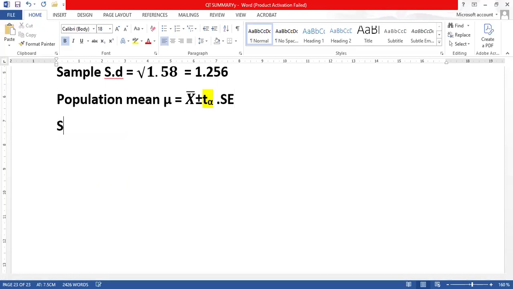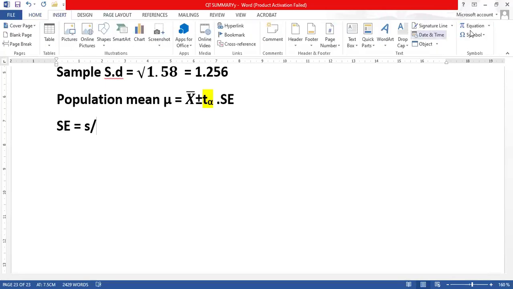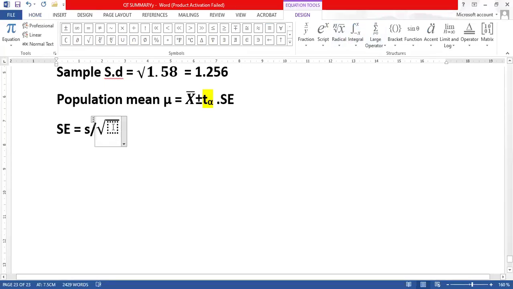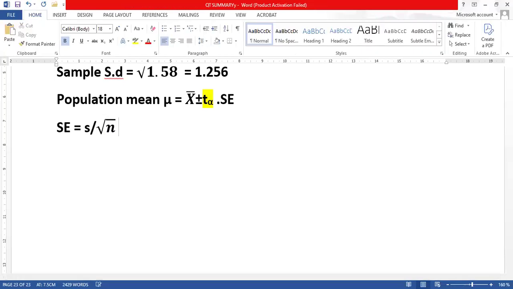So what is standard error? The same way. Standard error is standard deviation over root n. What do you get? You have your standard deviation as 1.256 divided by root n.